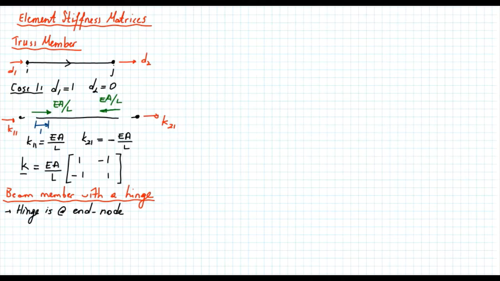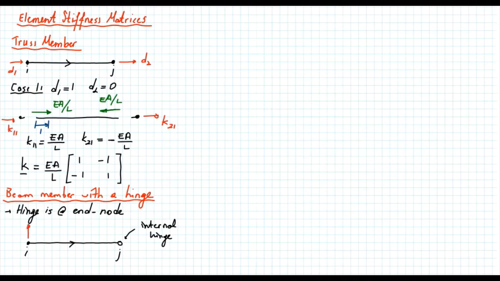Let's draw our member now. That's the start node, and let's put a circle to the end node just to show that the end node is free to rotate. That's I, that's J. Let me put a note here. This is an internal hinge. Okay. Let's show the degrees of freedom.